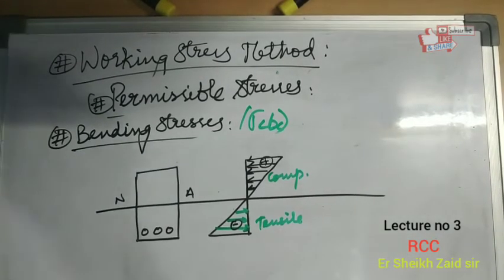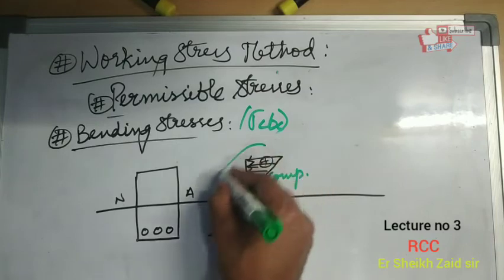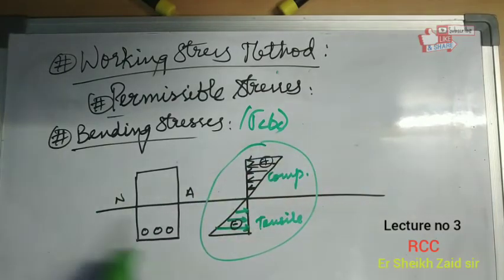Now how did this triangular stress diagram come about for a beam subjected to bending? I'll try to visualize it. For now, just remember this type of diagram; now we will work on it.